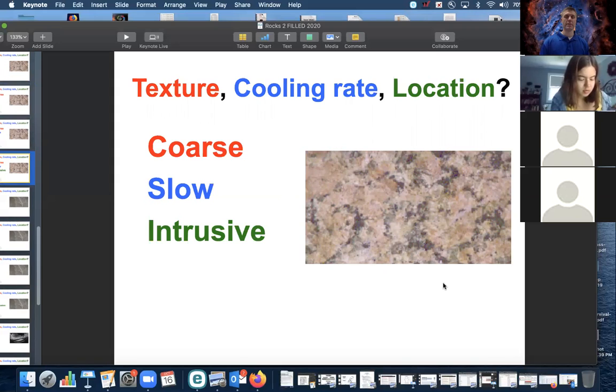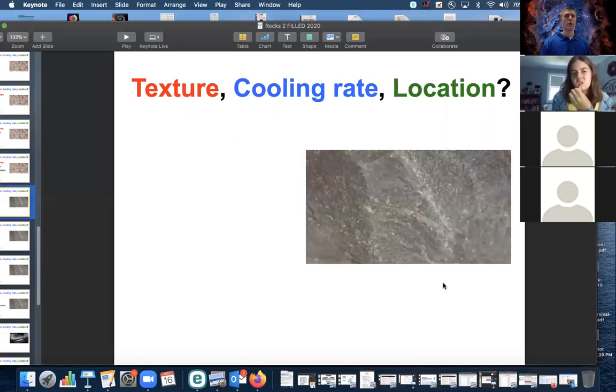Remember, it has to have that insulation to keep it warm so it can cool slowly instead of cooling more quickly. Good. How about this one? Does that look like coarse, fine, or glassy? Glassy.